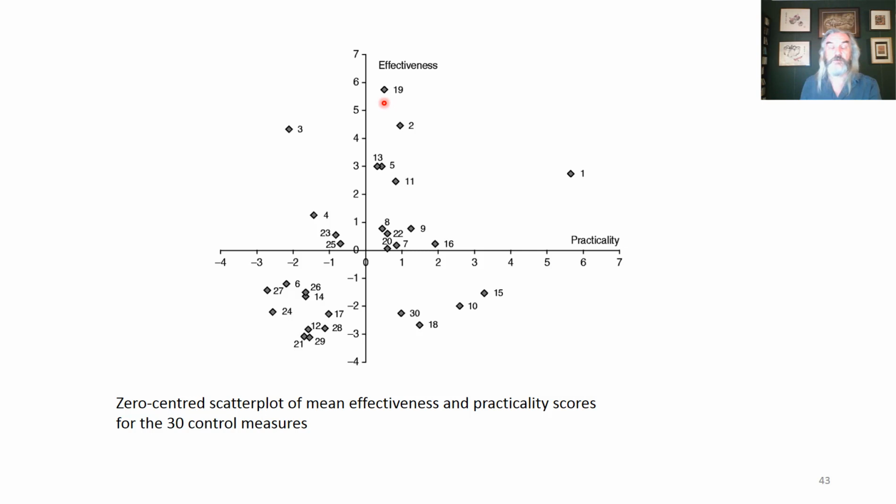It seems incredibly effective, but may not be practical to do. So this starts to map out what interventions they might want to look at and which ones to avoid proposing. So this idea of doing it across multiple framings and then comparing is really quite powerful.